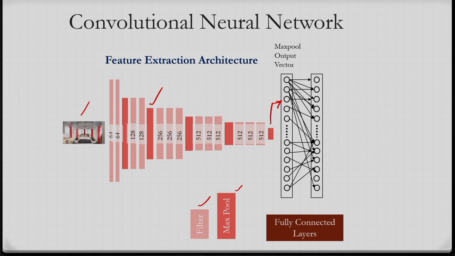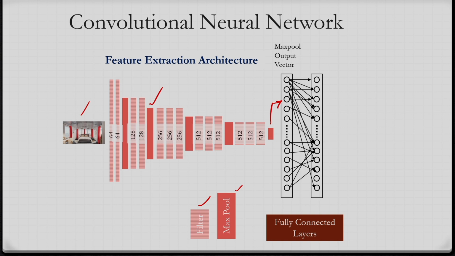You can see I am considering the cascade of these layers, the convolution layer and the max pool layer, because I have already explained that deep learning means the cascade of nonlinear transformations, and it is nothing but end-to-end learning.